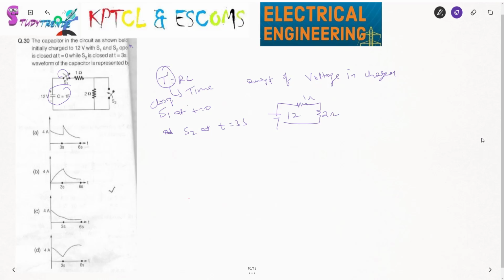So I is equal to 4 amp at t is equal to 0. At t is equal to 3 seconds, voltage will be like this: 1 ohm, the second resistance is shorted, this is S2. So I will be 12 by 1, which is equal to 12 ampere. So which of the following gives the answer?